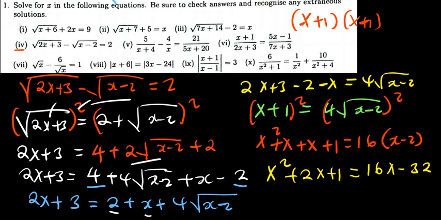What else? I can clearly see that I've got x squared, I've got again x and a number without x. That is definitely a quadratic equation. Shift everything here to the left hand side so that I have 0 there. x squared plus 2x plus 1 minus 16x plus 32 is equal to 0.